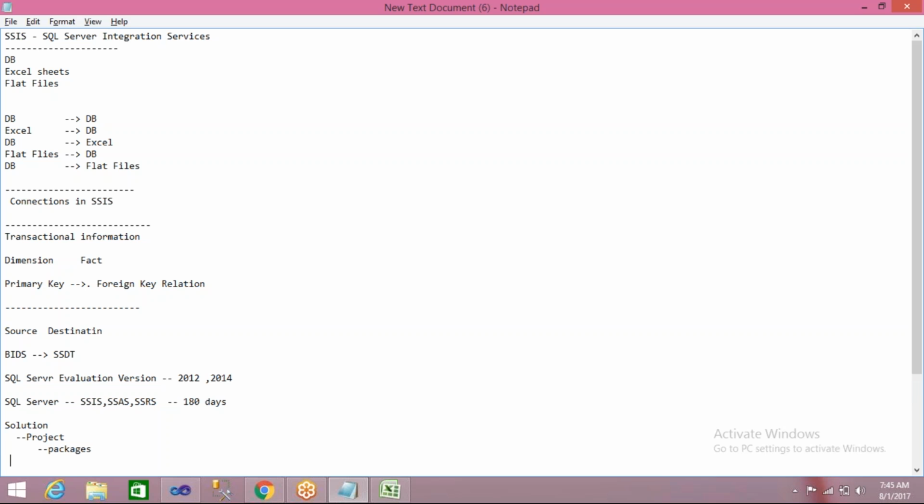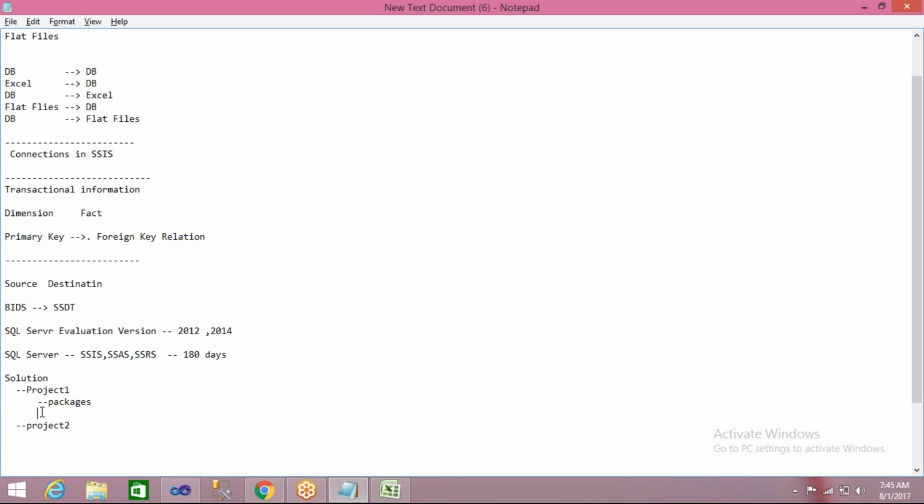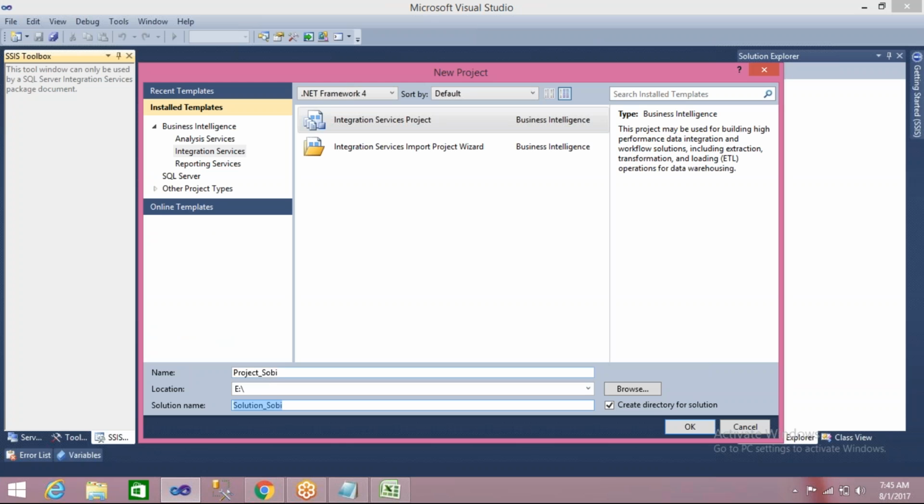In a particular solution, we may have multiple projects, project one, project two, like that. And under one project, we may have multiple packages. So this is the general hierarchy. Under this particular solution, we are going to create a project. So just click on OK.